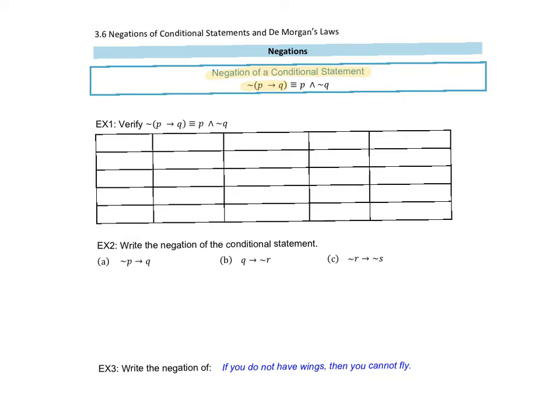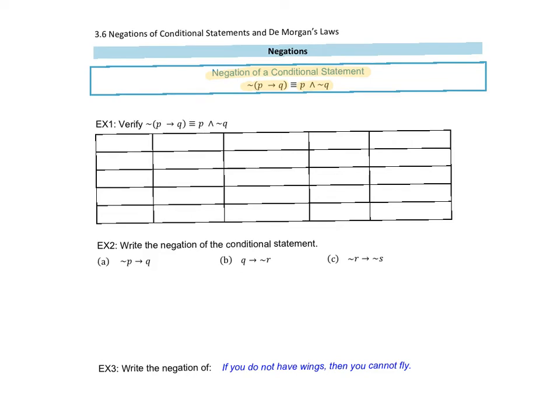It's going to be equivalent to, and the pattern is keep and negate. So you keep the first statement the way you see it, you change the arrow to an and, you negate the last statement. So keep and negate.